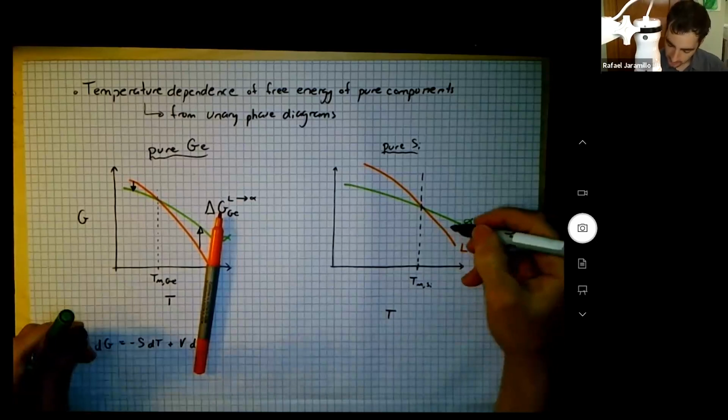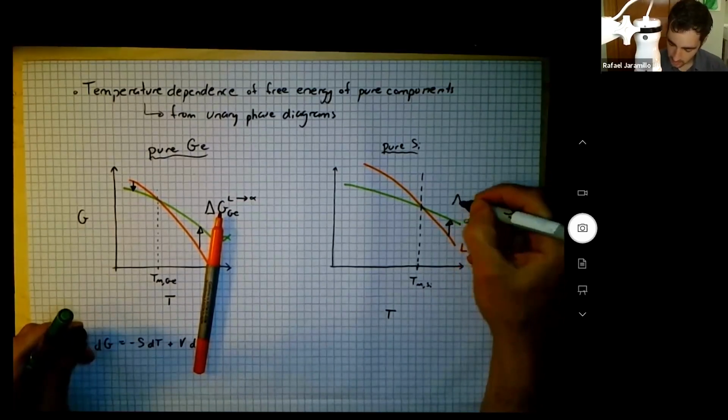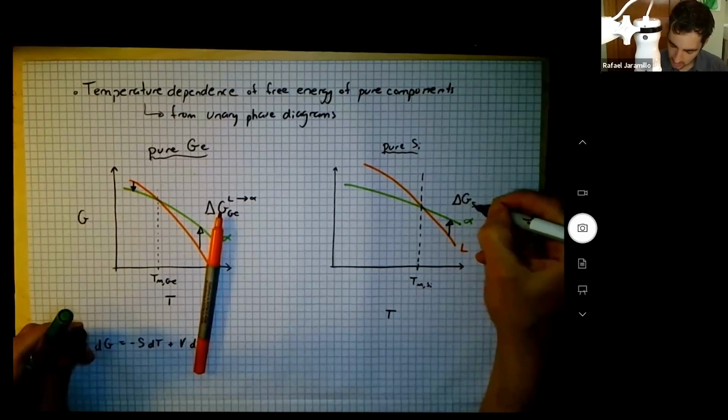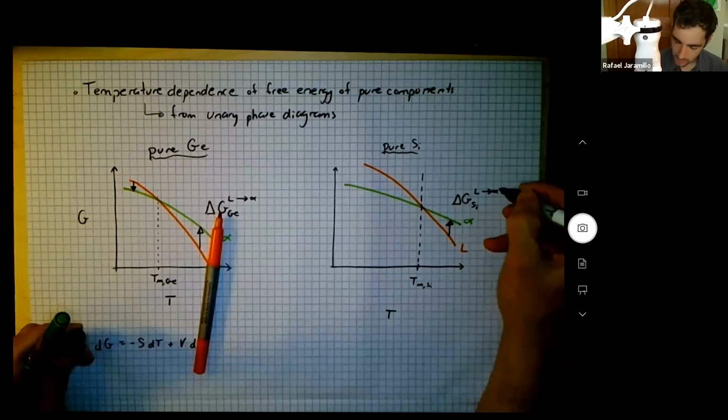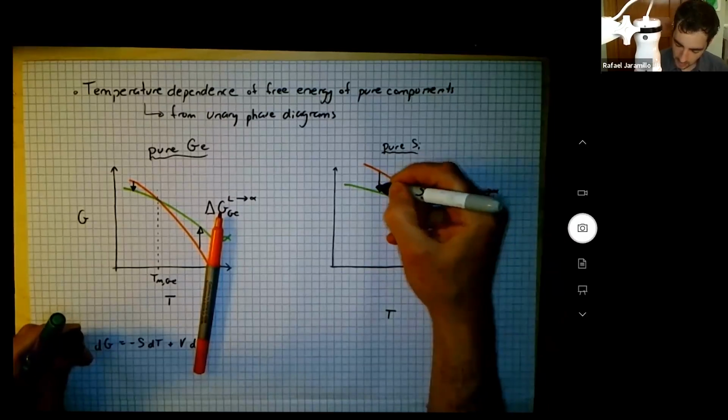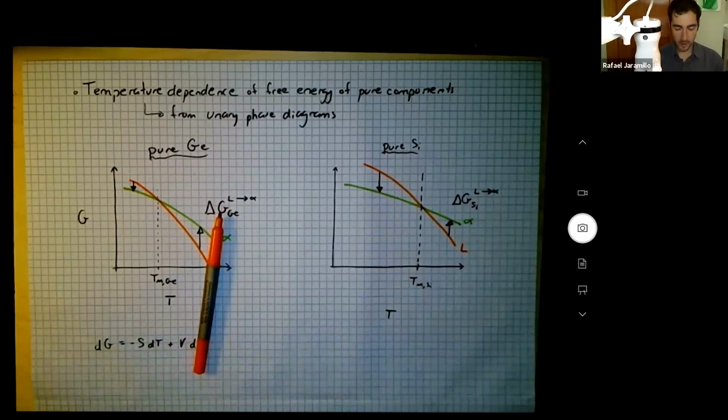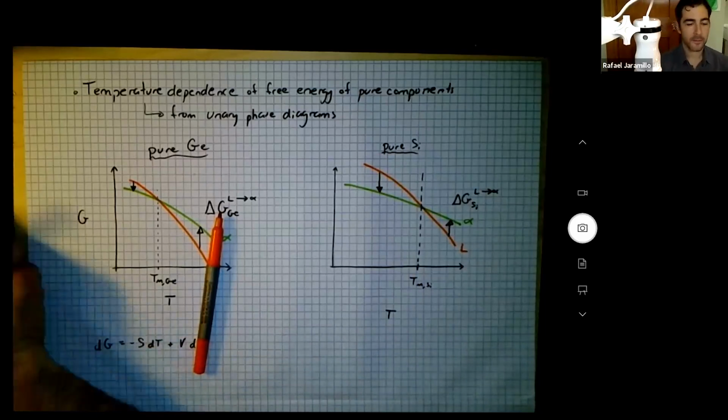And we have, again, a measure, delta G in silicon, liquid to alpha. And it sign flips as we go through the melting point.